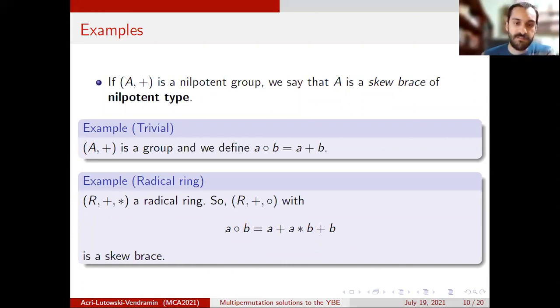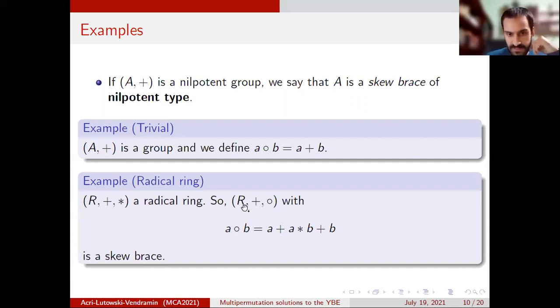The first example, the trivial skew brace, is the one where both operations coincide, and more interesting examples come from radical rings. Recall that a radical ring, in the sense of Jacobson, is a ring such that this circle operation turns the underlying set R into a group, where plus and star are the operations of the ring.